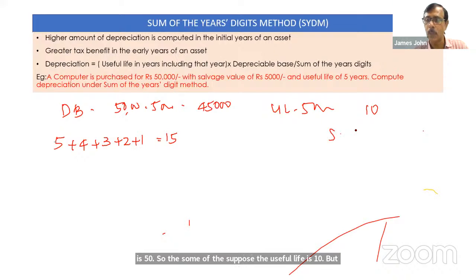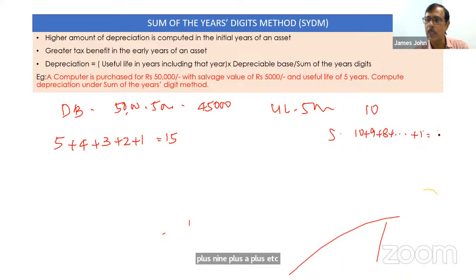The sum of the digits will be 10 plus 9 plus 8 and so on, plus 1. Tell me how much it is? It is 55. If the useful life is 8, what will be the sum? 8 plus 7 plus 6 and so on. 10 is 55. If it is 8, it is 36.